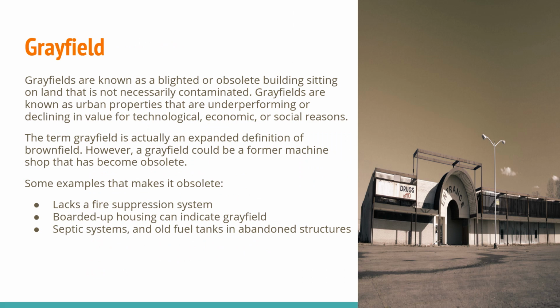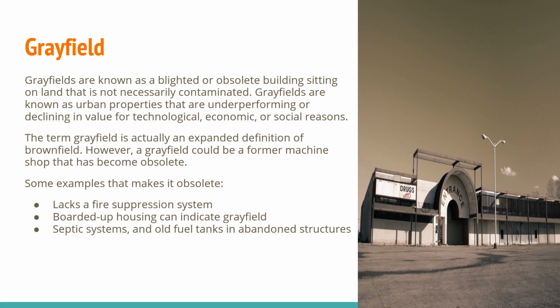From there, we have grayfields, which are a subset of brownfields, and this is a less contaminated building, essentially just a blighted or obsolete building that has been abandoned. These are urban properties that were underperforming or declining in value for technological, economic, or social reasons.